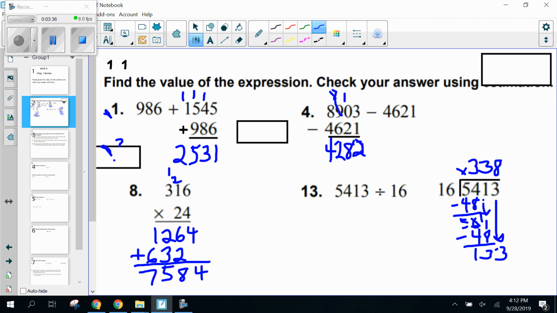If you find out you have a remainder that's larger than 16, you didn't take enough 16s out. So 8 is the answer. 8 times 16 is 128. When we subtract that, we get 5. Now that's our remainder. We're going to learn in Chapter 2 what to do with that, but for now you would just say remainder 5. And you are done.